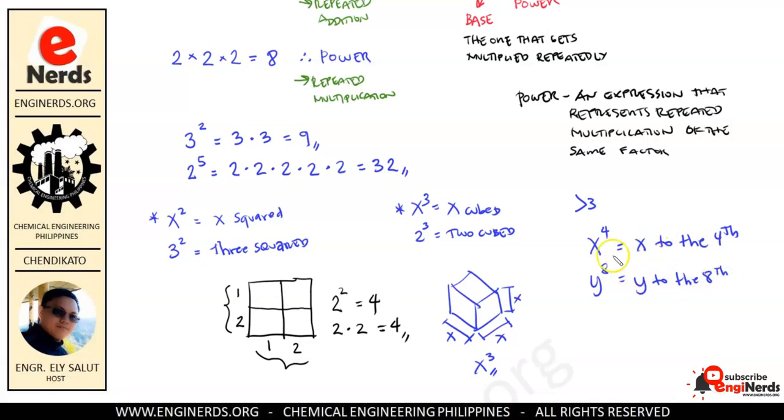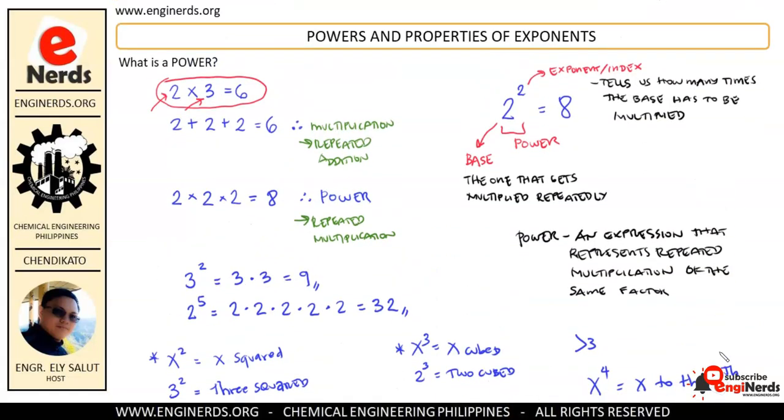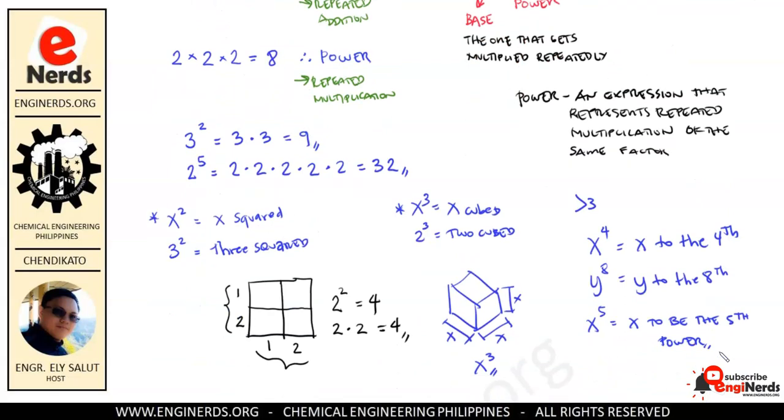Well, in many cases, guys, makaka-encounter ka na ginagamit yung salitang power, which is, for example, we have x to the 5th. Then, makakarinig ka minsan na tinatawag tong x to the 5th power. Well, technically, sa natutunan natin dito, it is not the correct way, no? Pero, this is accepted in many textbooks and references. Kaya, may encounter nyo na ginagamit din nila to.